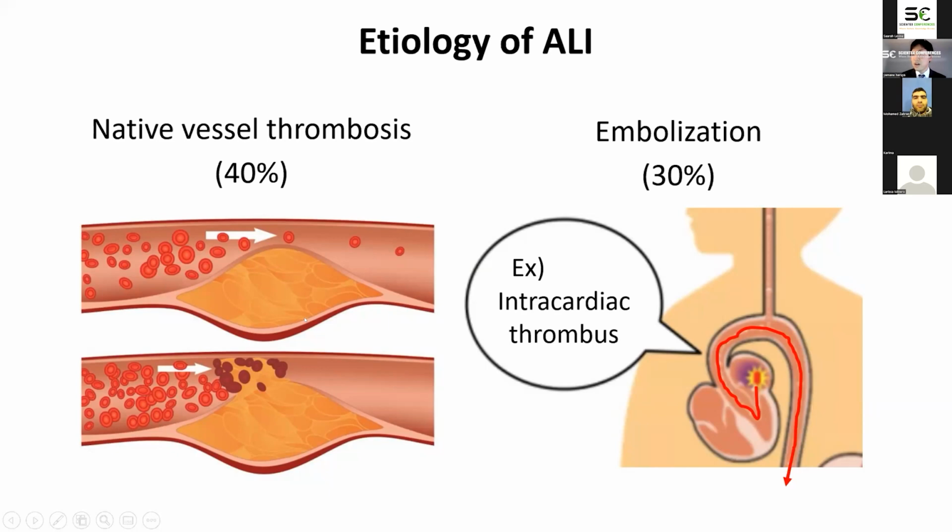Those patients often have risk factors such as hypertension, diabetes, dyslipidemia, or smoking. Embolism is often derived from intracardiac thrombus due to atrial fibrillation. And recently, debris from ruptured aortic plaque is also recognized as an important cause of embolization. More than 70% of ALI occurs due to these two etiologies.